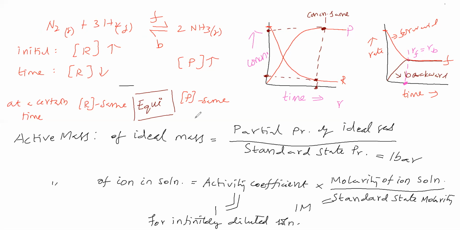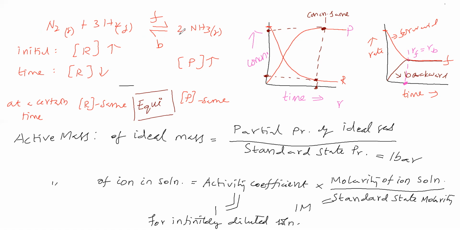But we can say at equilibrium rate of forward and rate of backward are equal, without seeing the experiment or the values. So at equilibrium, concentration of reactant remains constant, concentration of product also remains constant, but these two magnitudes need not be the same. But rate of forward and rate of backward must be equal.